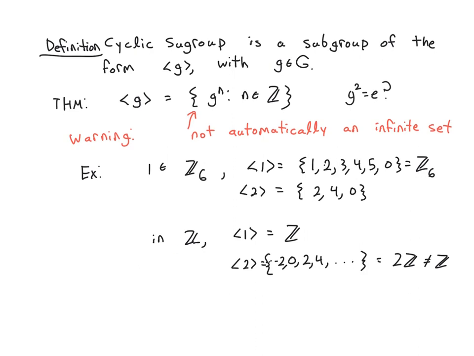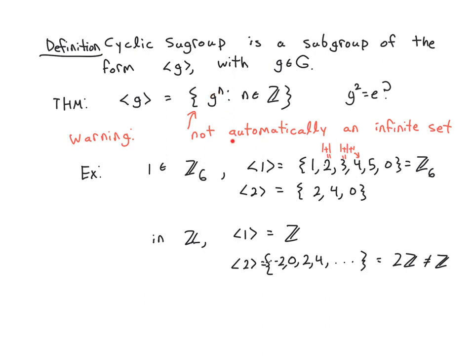As a simpler example, if you work with Z mod 6, so this is congruence mod 6, and you look at the integer 1, the cyclic subgroup generated by 1, where you're looking at powers, you've got 1, you've got 1 plus 1, which is 2, you've got 1 plus 1 plus 1, which is 3, 4, 5, and when you add 1 with itself 6 times, you get 0.